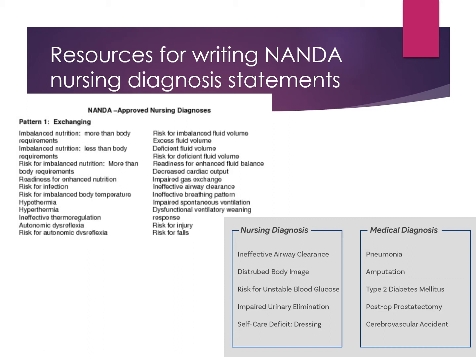I'll go over this in more depth in the next slide. But make sure you understand that the related to cannot be a medical diagnosis. So you cannot say impaired gas exchange related to pneumonia. You must say impaired gas exchange related to CO2 exchange issues at the cellular level.